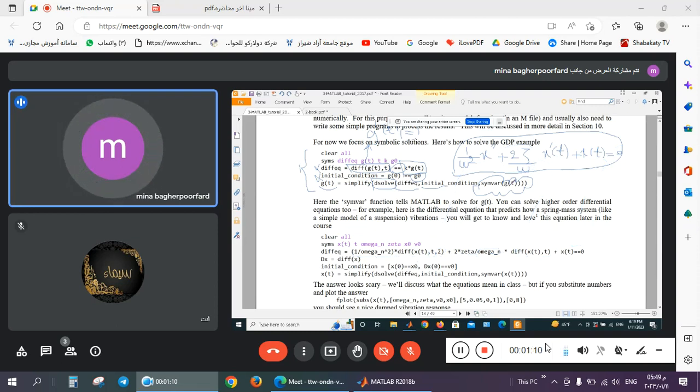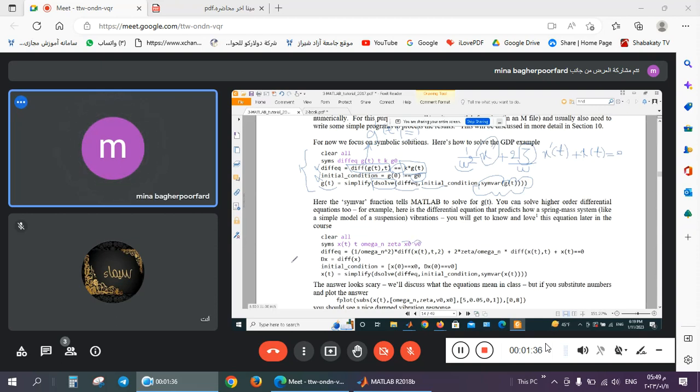So first I should define some symbols. The first symbol is x. The second is omega. The third parameter symbol is zeta. And also, I have two initial conditions, x0 and v0.